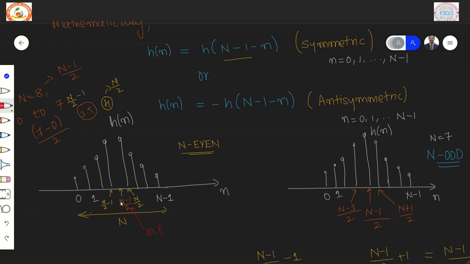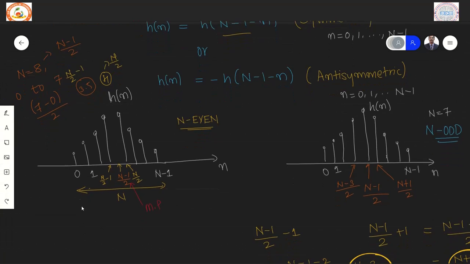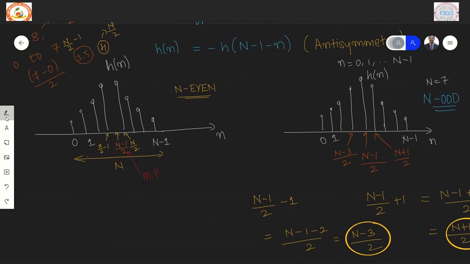Now, the values are found on either side of the midpoint. To compute these values of the index, we can perform a very simple exercise. If we take the midpoint, that is N minus 1 by 2, since we are in the middle, this entire thing is 1 unit or 1 increment.